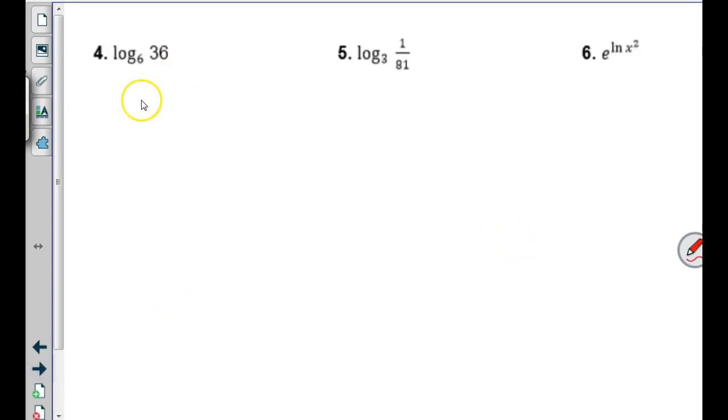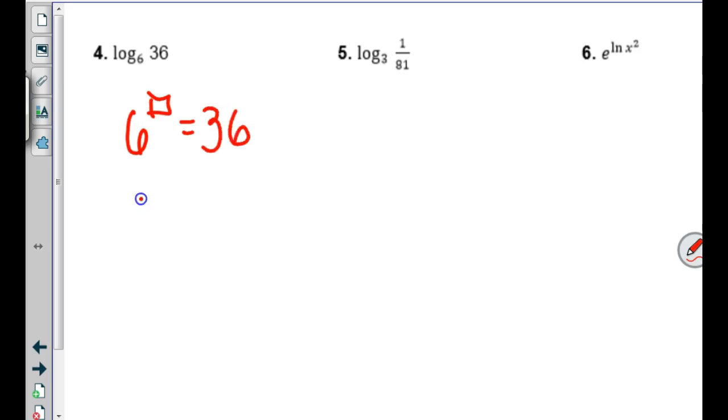What's this one? If you are touching your calculator, I would like to break your fingers right about now. Don't use your calculator. What is this asking? 6 to what power is 36?